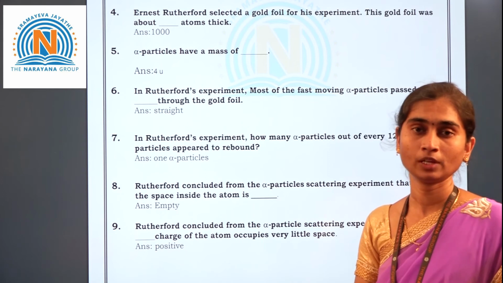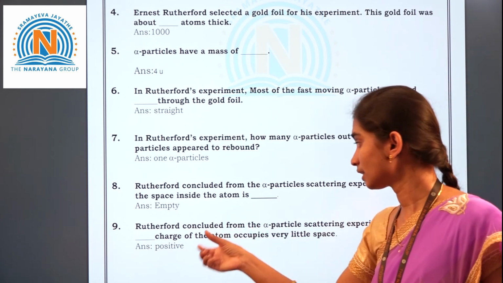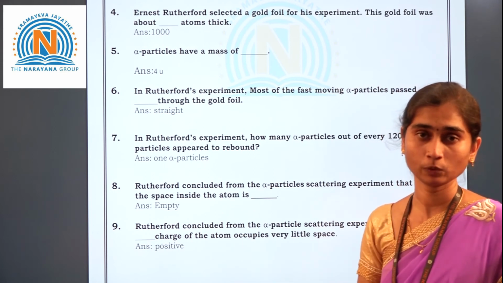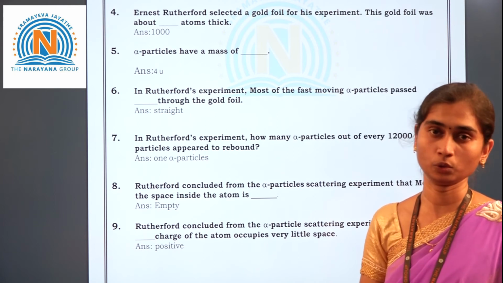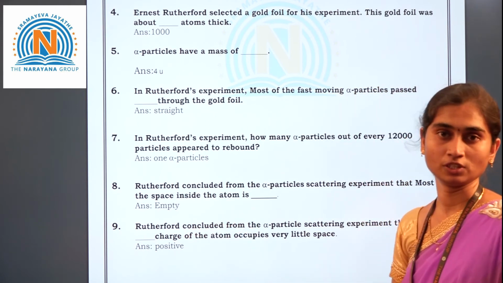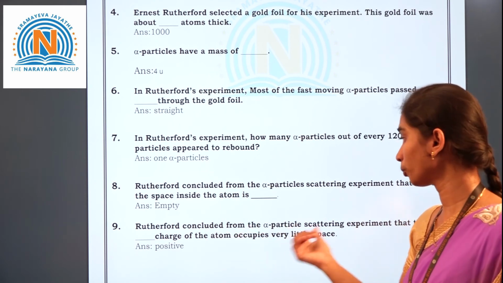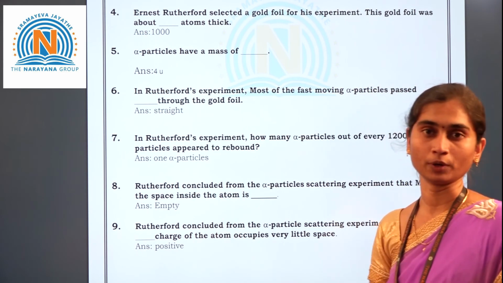What is the charge of the body present inside the atom? The positively charged body present inside the atom is the nucleus. So our answer: the positive charge of the atom occupies a very little space.